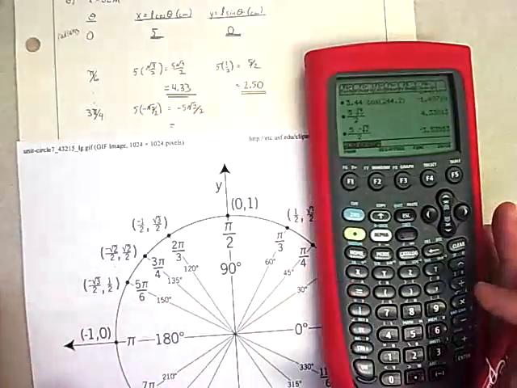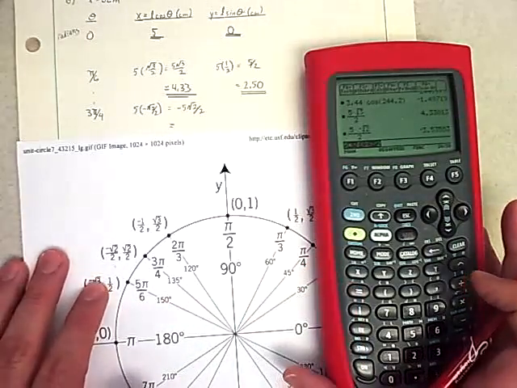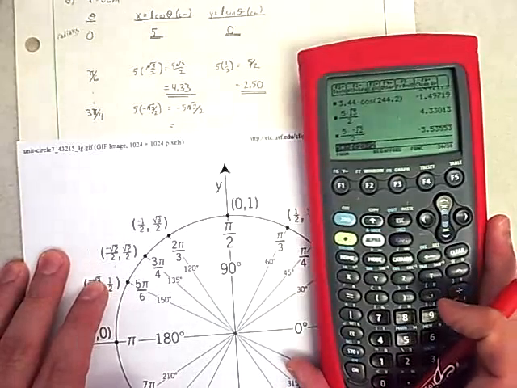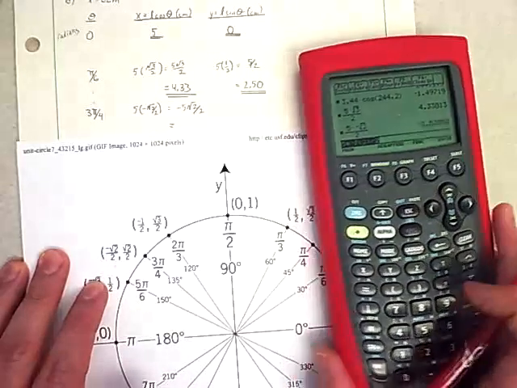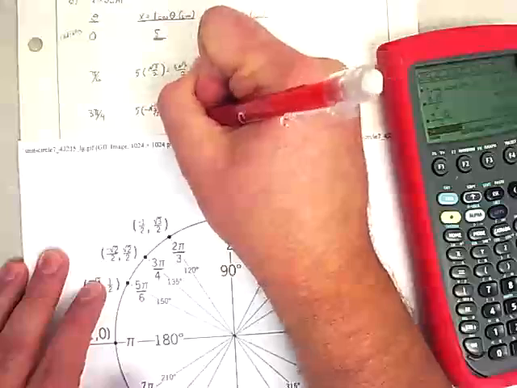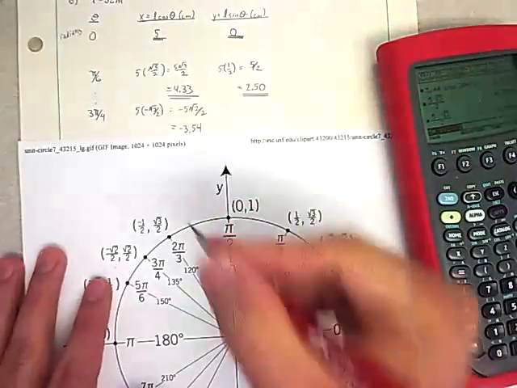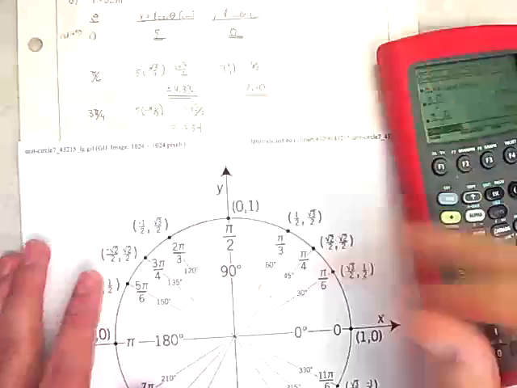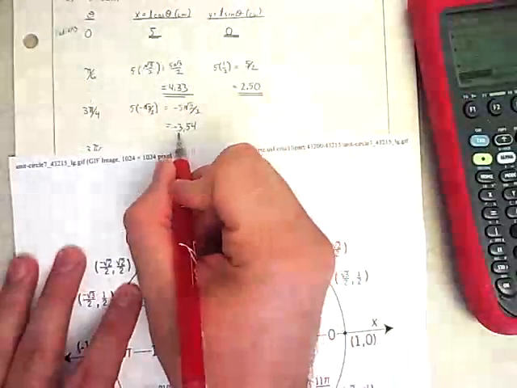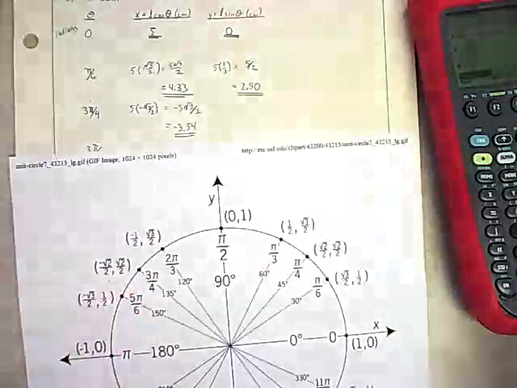And so I get that it's negative 3.535. So I'll go ahead and round that up. So that's negative 3.54. So my x part is negative 3.54.